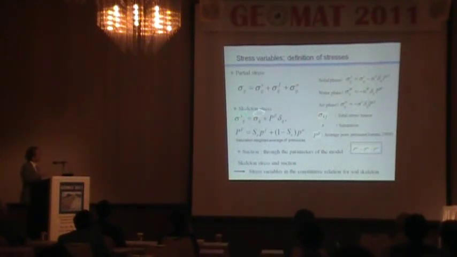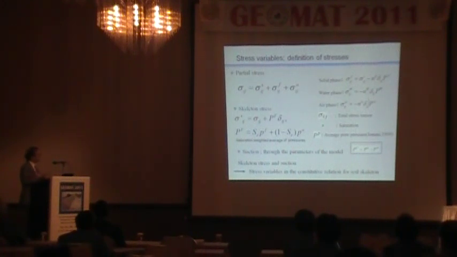So this is the spherical stress. In this case, we adopted tension as positive, so p is the pressure and this plus sign means that. We also use suction in the constitutive model. It means the skeleton stress is not the effective stress because we need another variable, so that's why we don't use the technical term effective stress.